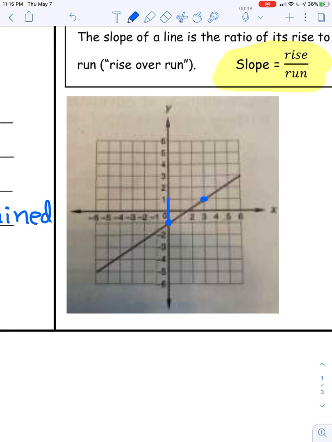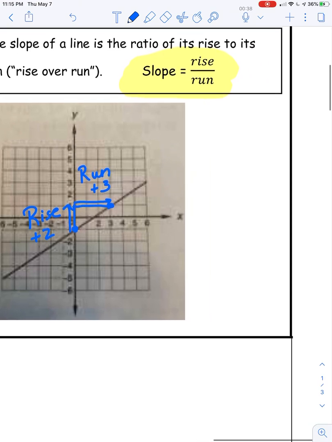I'm going to make my right triangle. And I notice that I'm rising here. Whoops, I don't want to say rising, I want to say rise. Figure out what our rise is. We're rising from here up to here, 2 steps in a positive direction. And from that point to this point, we are running in a positive direction 3 steps.